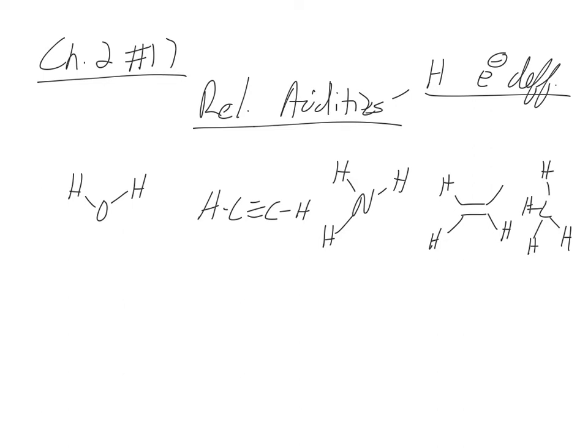Let's take a look at these and ask which one of these is not like the others. What bond are we looking at? Bonds to hydrogen. There's an OH bond, a CH bond, an NH bond, a CH bond, and a CH bond.